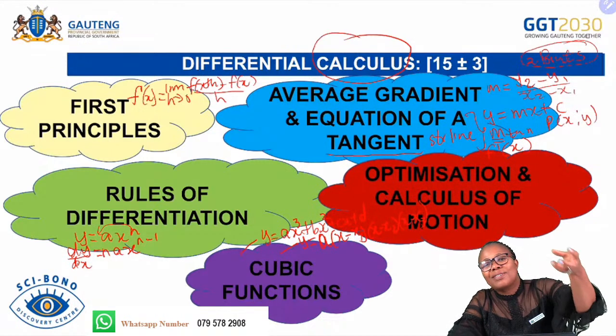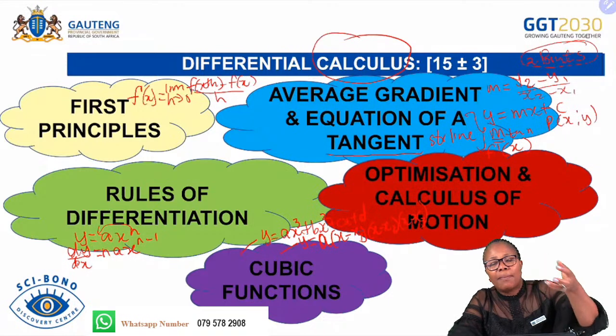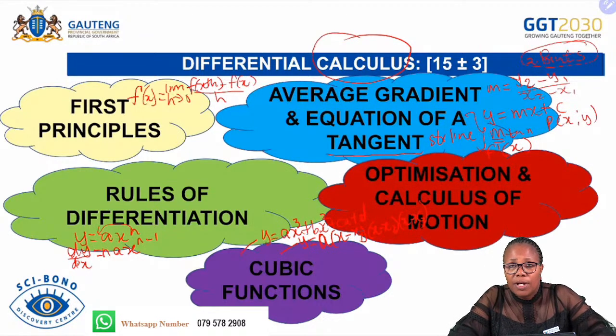So we will be differentiating to look at the maximum and minimum of the optimization problems. The calculus of motion is about the relationship between the distance covered at a certain time, the velocity at a certain time, and the acceleration at a certain time.